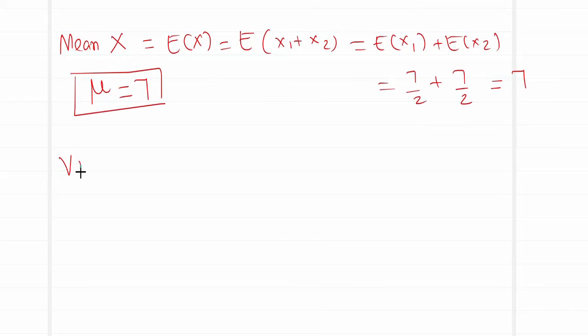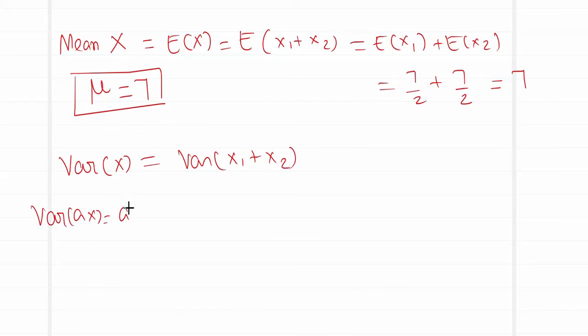Now coming to variance of x. What is variance of x? It is variance of x1 plus x2. We know the formula: variance of ax is a square times variance of x. What is in place of a? In place of a, I have 1. So I write it as 1 square into variance of x1 plus 1 square into variance of x2.